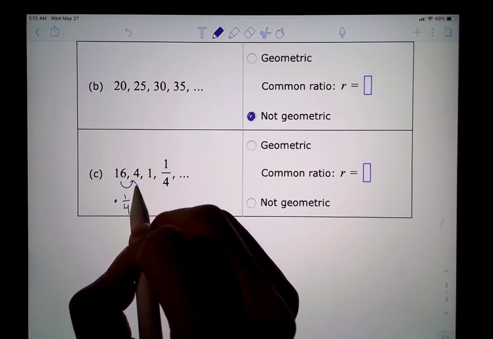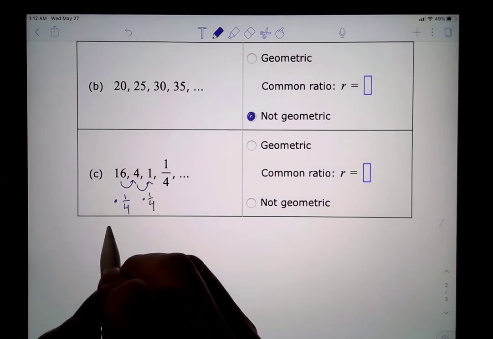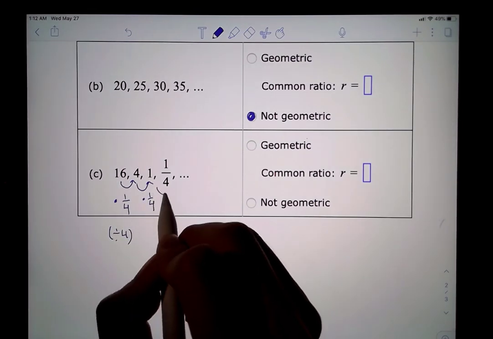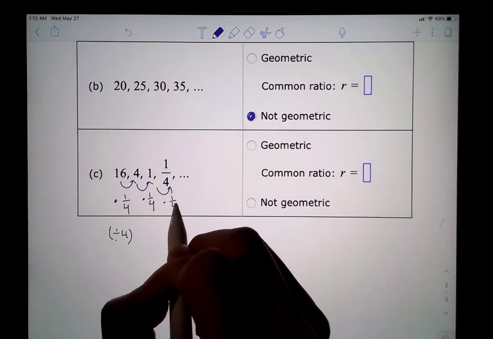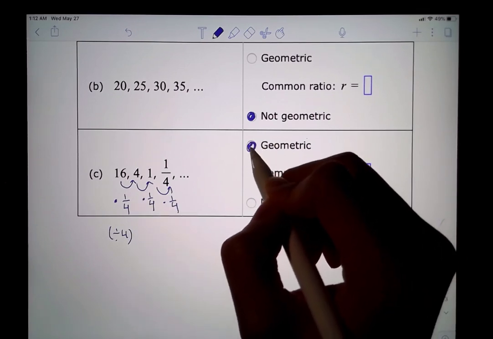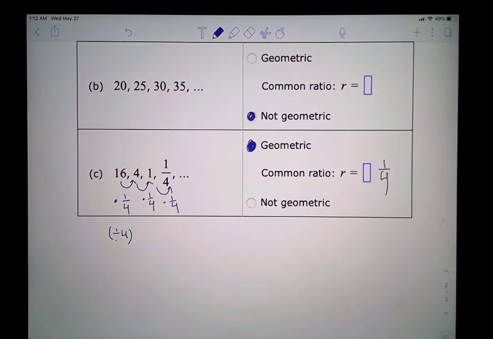And from 4, you multiply by 1 over 4, that's the same as dividing by 4, then you get 1. And multiply that by 1 over 4, then you get 1 over 4. So that's a geometric sequence. Common ratio, 1 over 4.